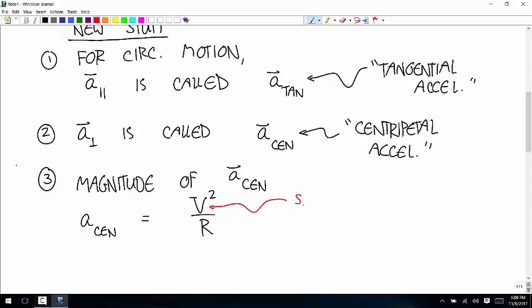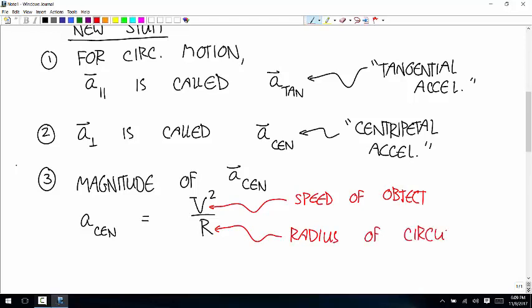So this v is the speed of the object. This r is the radius of the circular path. And that's it. It's all the new stuff in circular motion.